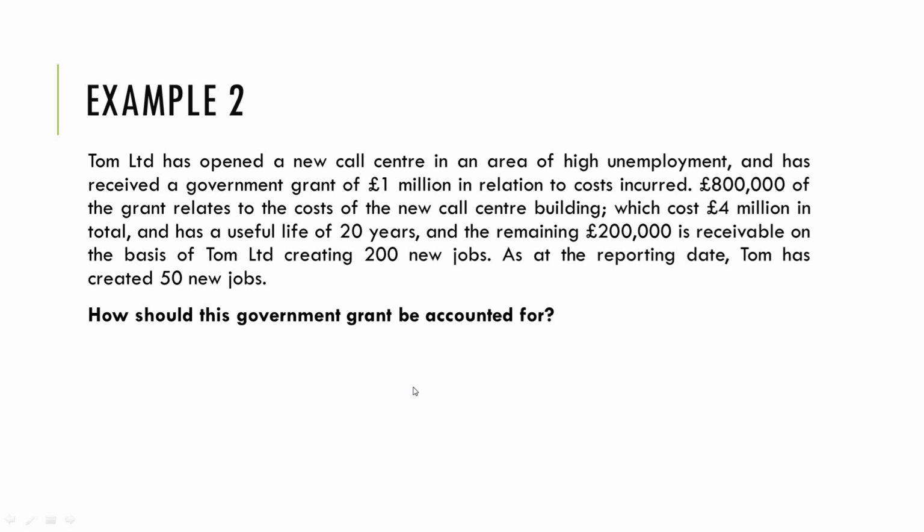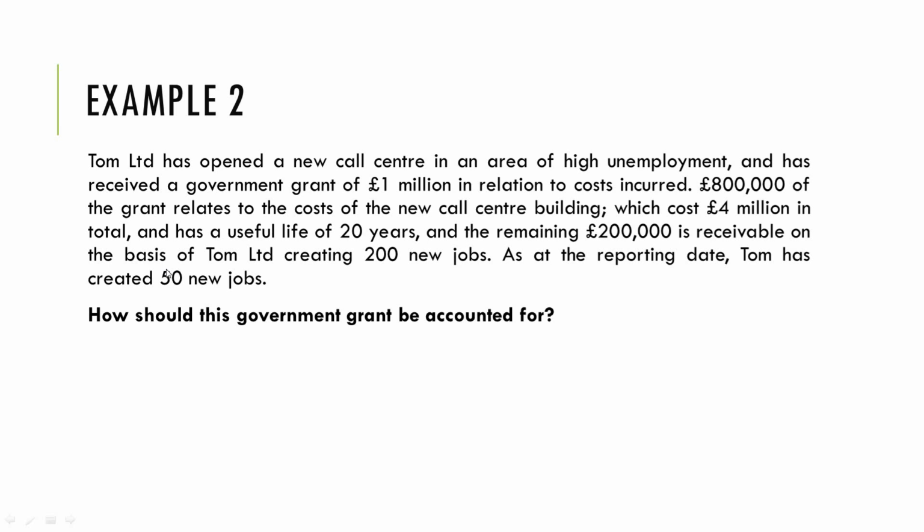We have this company called Tom, which has opened a new call center in an area of high unemployment and has received a government grant of 1 million in relation to the cost incurred. 800,000 pounds of the grant relates to the cost of the new call center building, which costs 4 million in total and has a useful life of 20 years, and the remaining 200,000 is receivable on the basis of Tom Limited creating 200 new jobs. As at the reporting date, Tom has created 50 new jobs.